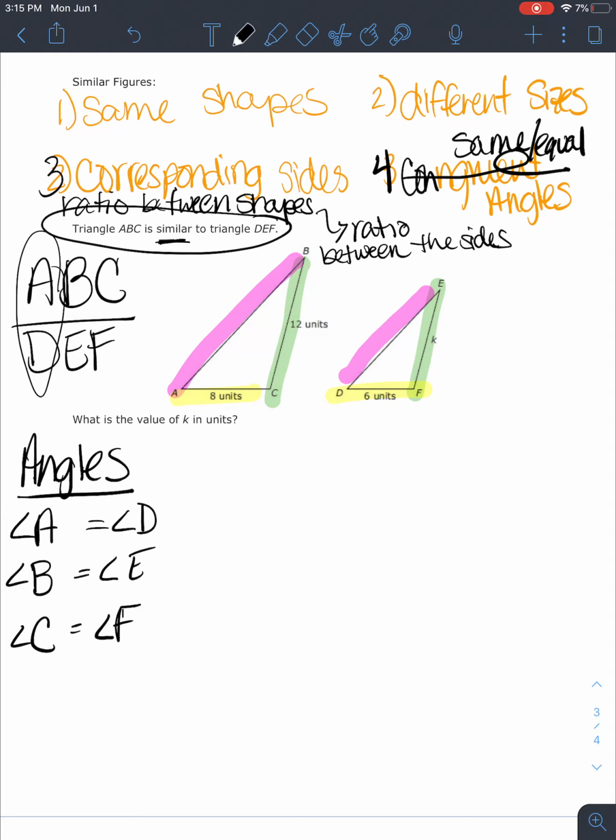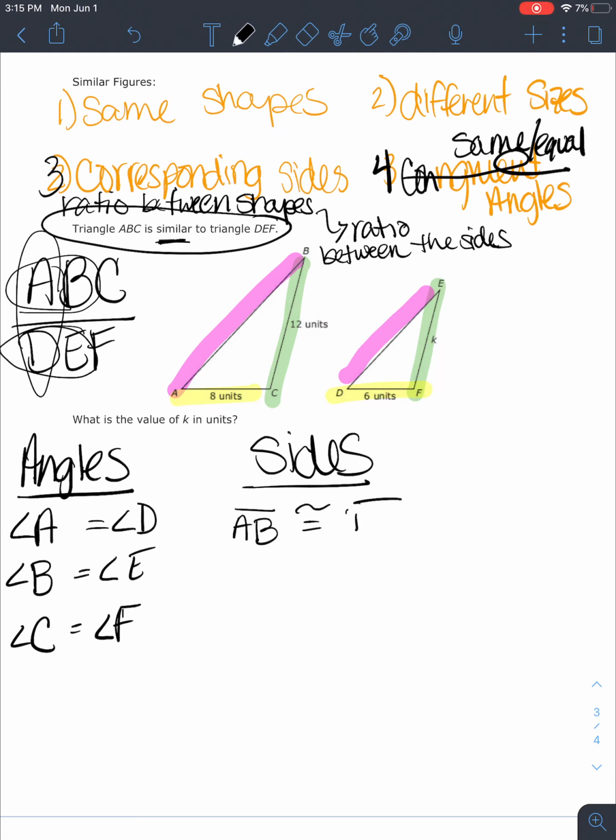Another important one is your sides, and this is where having the names stacked really helps us. Side AB corresponds to side DE, which is right underneath of it.